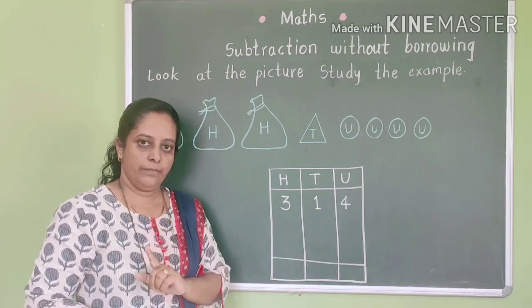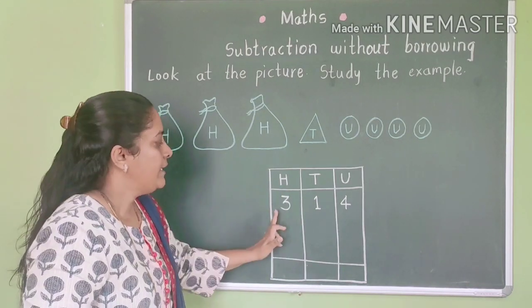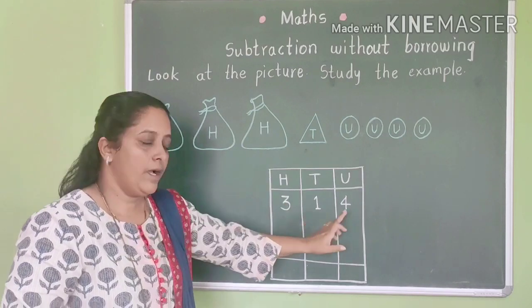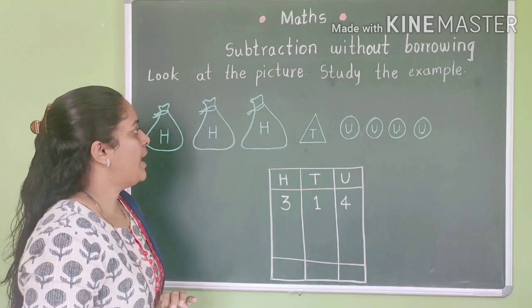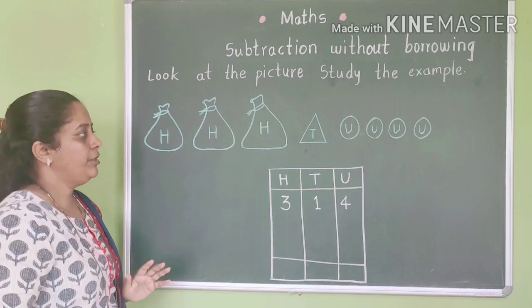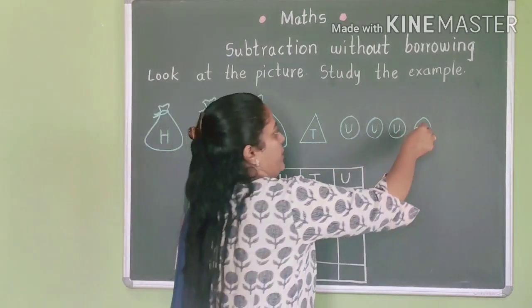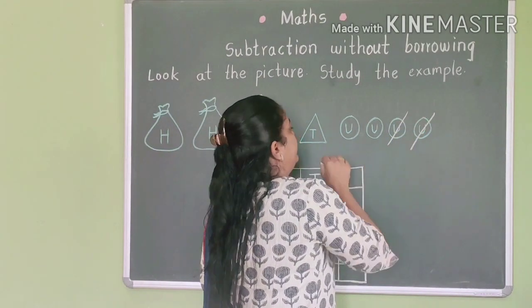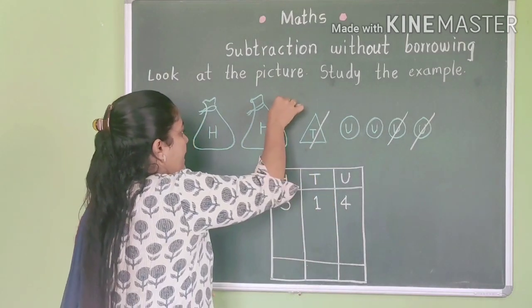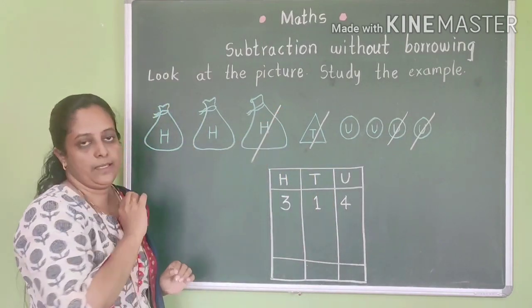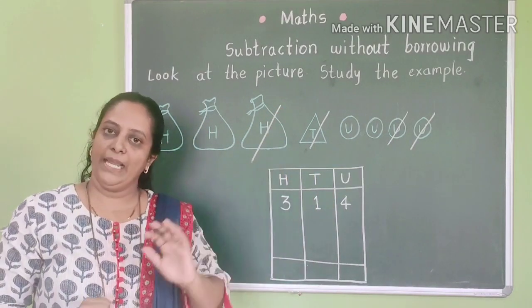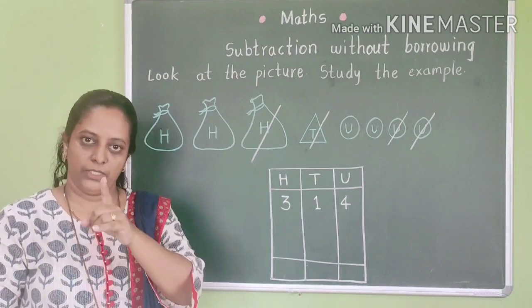The number we get from this picture is 314. Please say with me. 314. Now we are going to cancel some units, tens and hundreds. Now tell me how many hundreds we have cancelled here? Good.